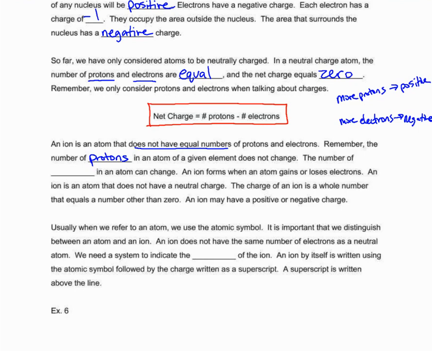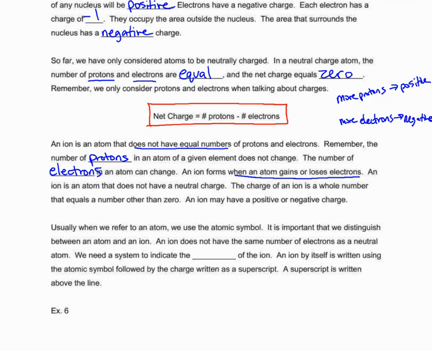But the number of electrons in an atom can change. Electrons are easy to lose, and they're easy to find. An ion forms when an atom gains or loses electrons. And an ion, of course, is an atom that does not have a neutral charge.